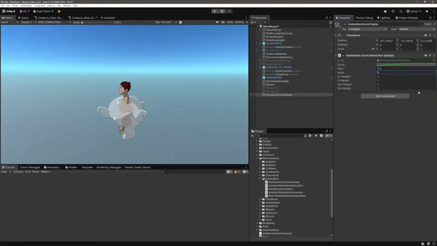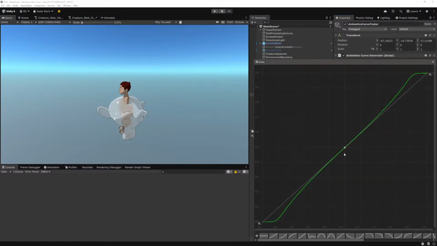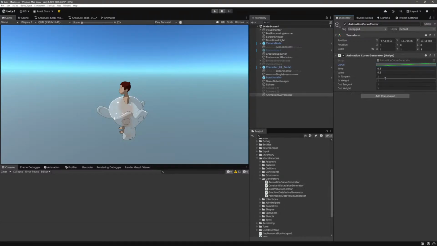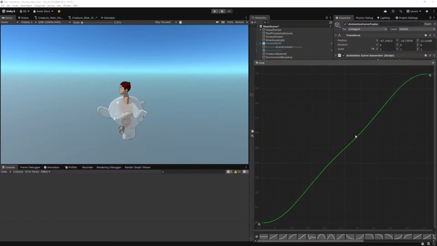Okay, let's see. 0.5, 0.5. Can we control the tangent and stuff like that now? Yes, we can. Okay, beautiful. Okay, this is very good to know. So now we have something like this. A very big weight. 0.5, 0.5. Look at it.